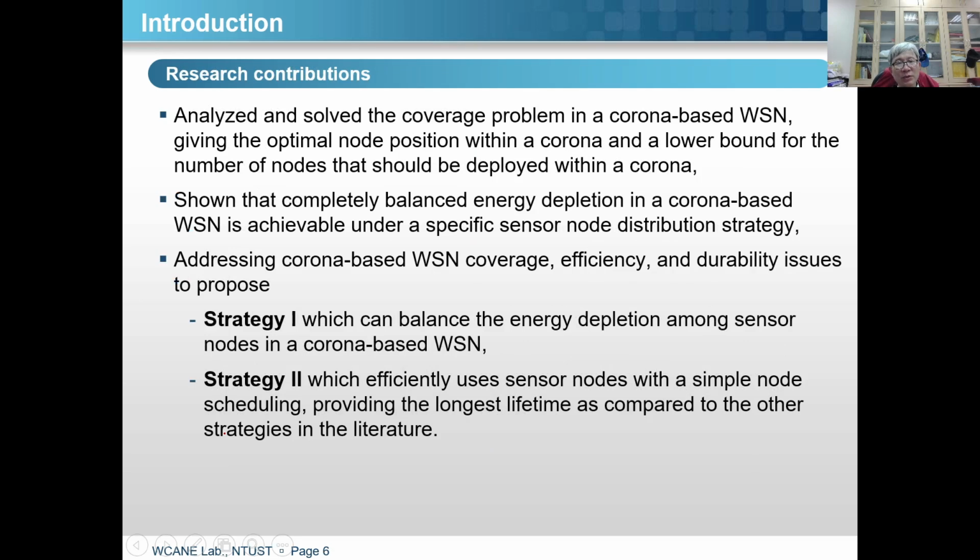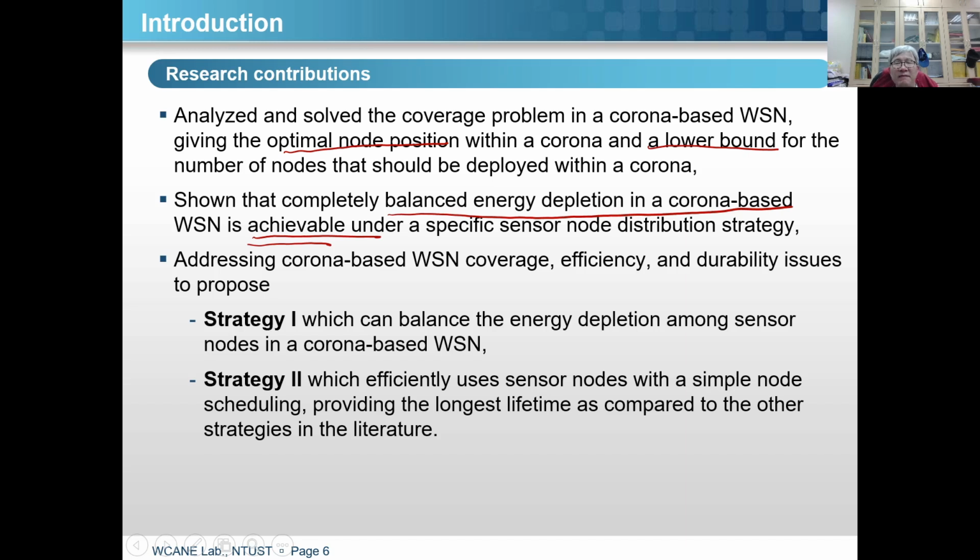Well, our contribution, actually this article was written by me. In our research contribution, we solve the coverage problem in a corona-based wireless sensor network, so that we can give the optimal node position and a lower bound for the number of nodes that should be deployed within a corona, and show that complete balanced energy depletion in a corona-based wireless sensor network is achievable.